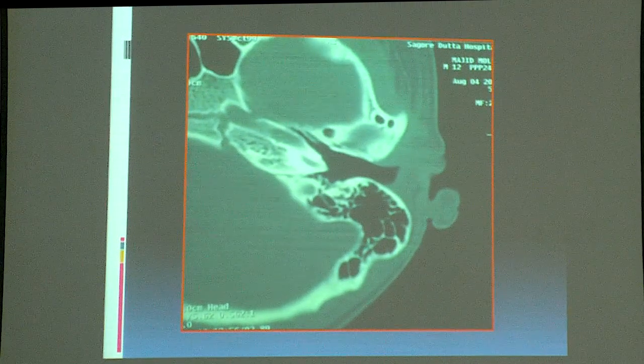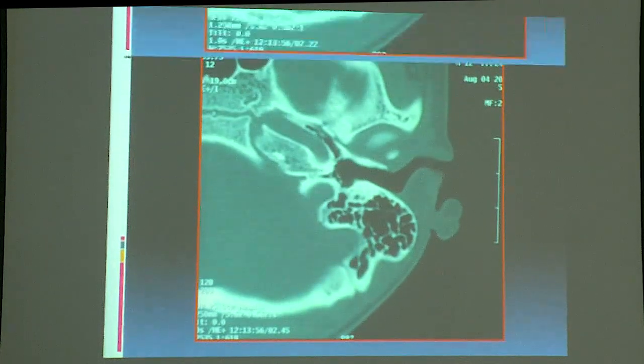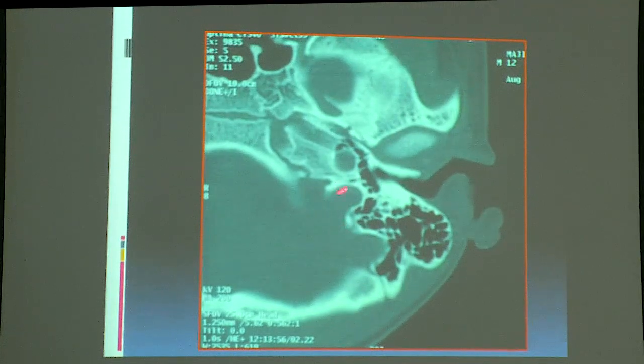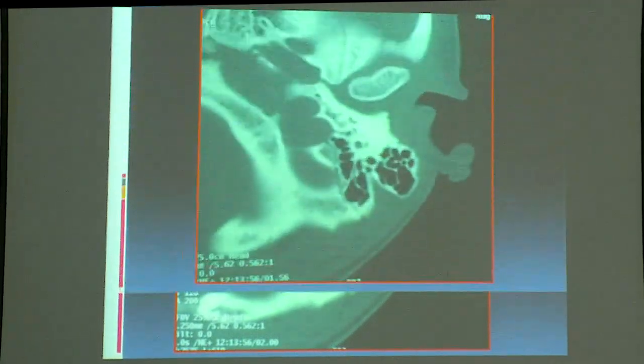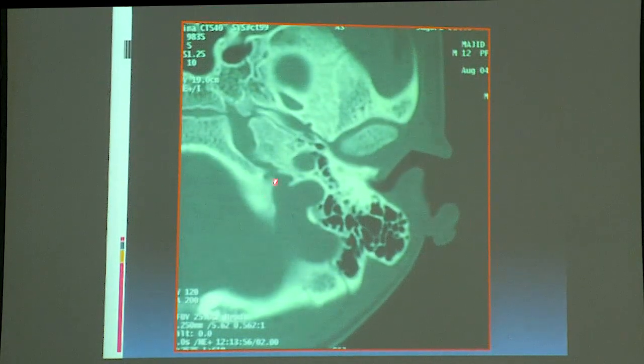So if we follow the carotid inferiorly, we are going to see that it is gradually becoming, you can see here the horizontal part is becoming the vertical part, and you see the beginning of the jugular foramen. We will see it on this one. This is known as the duct of the jugular foramen.